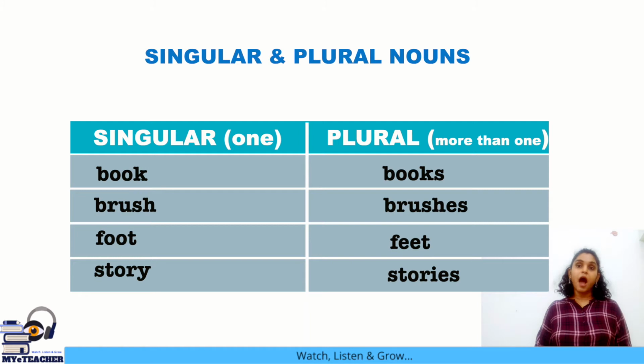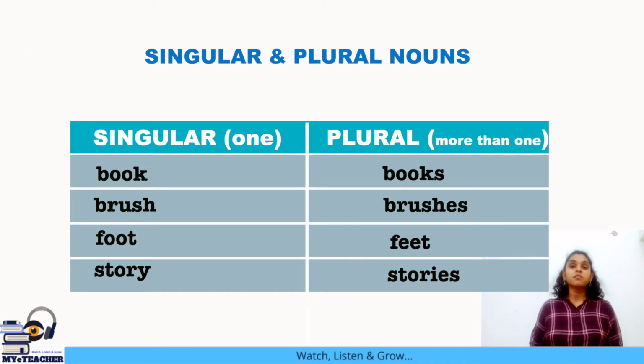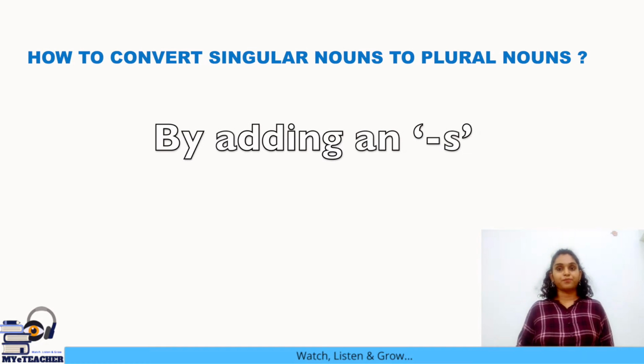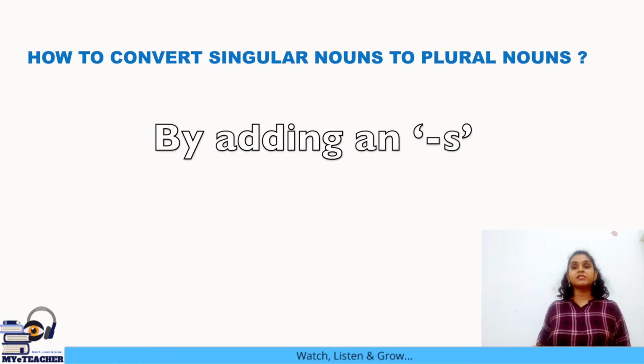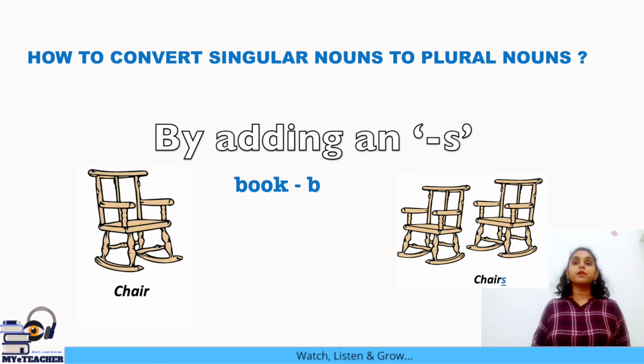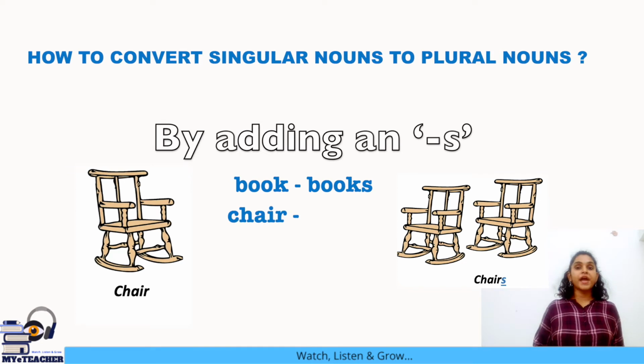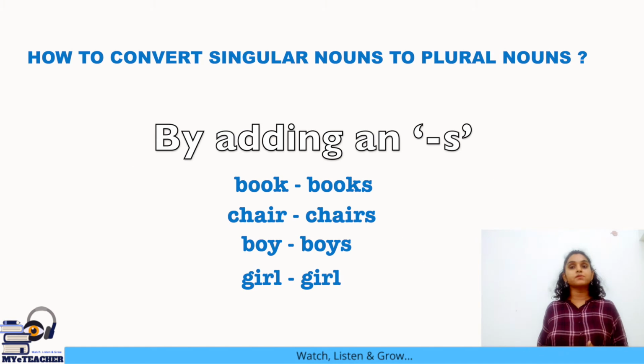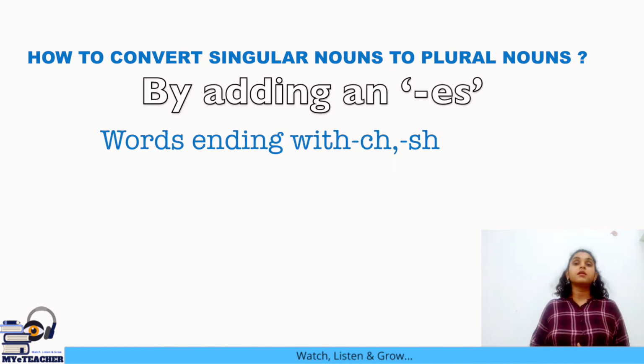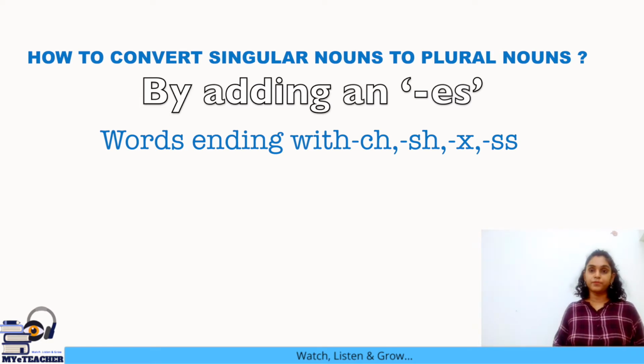Now we will learn how to make plurals of countable nouns. There are various ways in which you can make plurals out of countable nouns. The first one is by adding an S. Simply adding an S to the ending of the singular makes it plural. For example, book becomes books, chair becomes chairs, boy becomes boys, girl becomes girls. The second way is by adding an ES to the end.